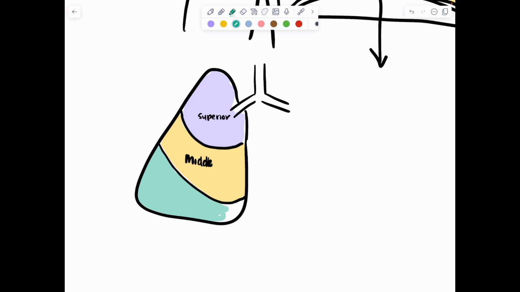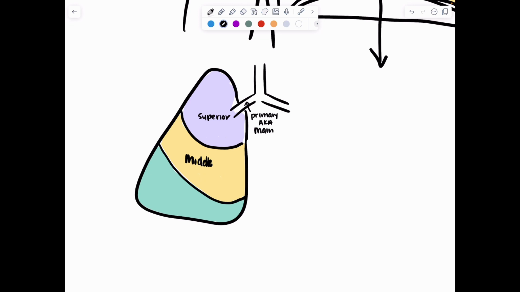Our secondary bronchi, the next row of bronchi, are also known as our lobar bronchi. So our primary is also known as our main.